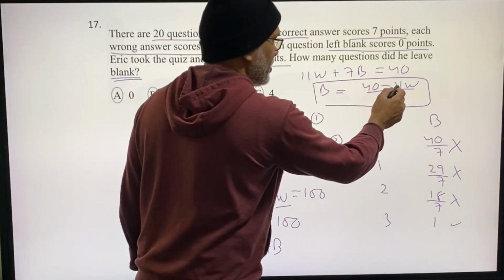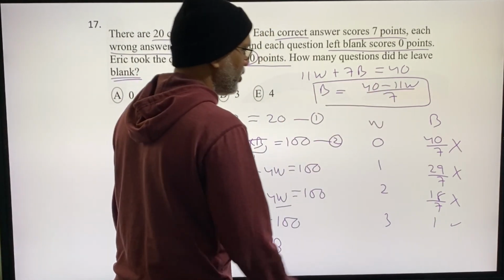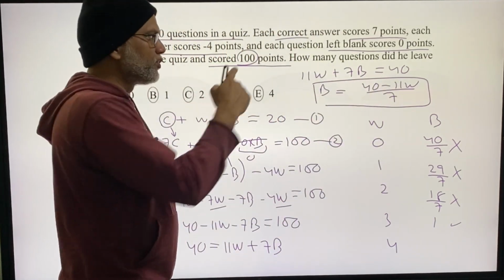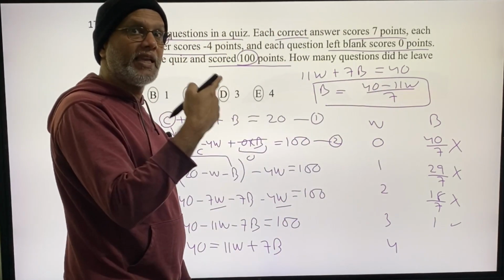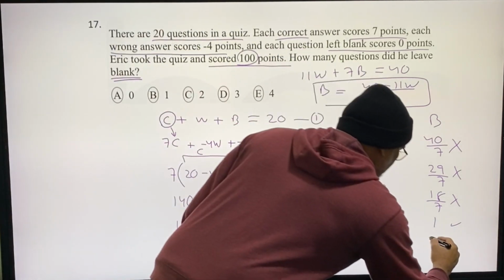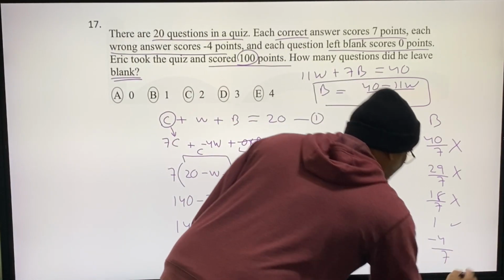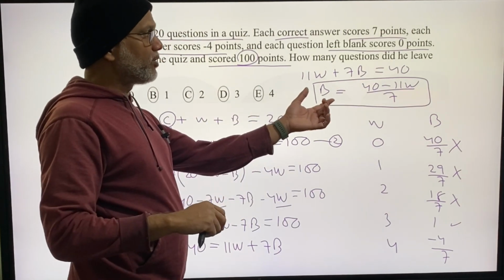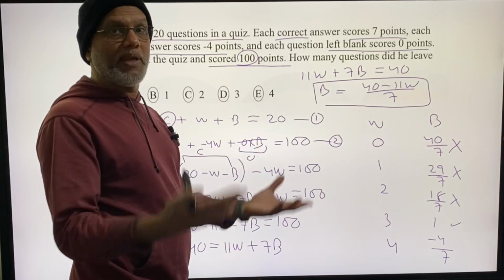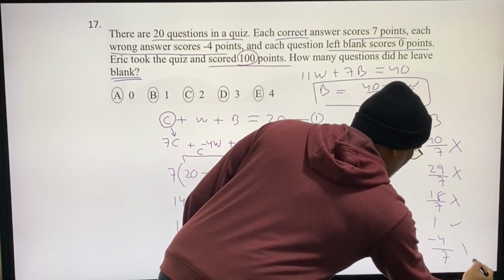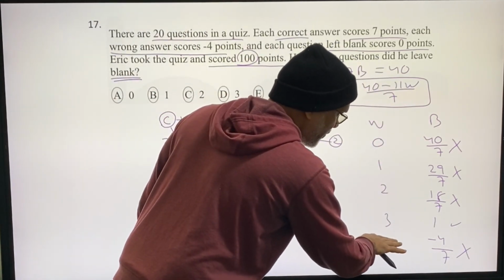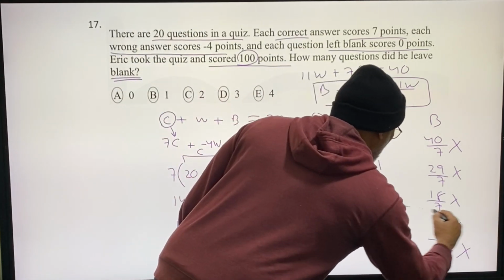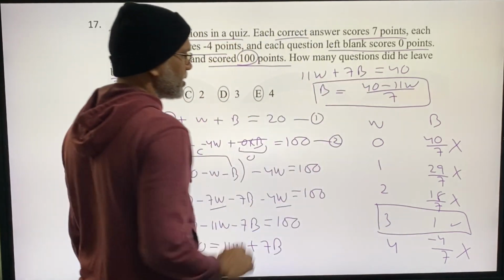What if W is 4? 11 times 4 is 44, so 40 minus 44 is negative 4, and negative 4 by 7. So we are going in the negative direction now, because the number of questions he left blank cannot be a negative number. The other options for W are not going to work. So this seems like the only correct solution.